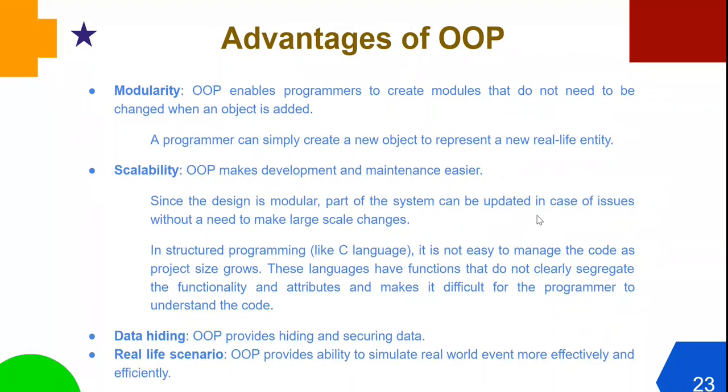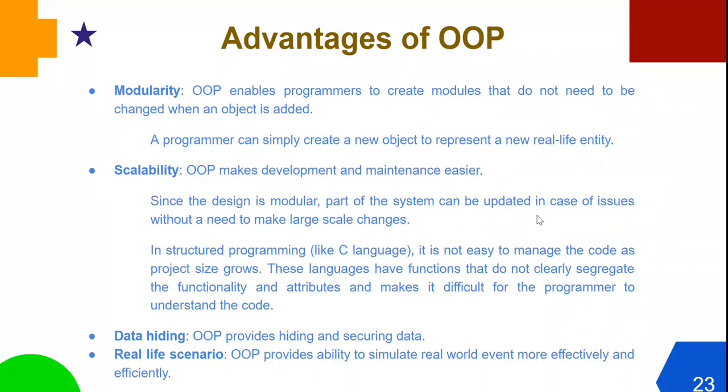Each object is a Xerox of the class template. Scalability: we can increase the number of customer details as many times as we want, because the code will be very short in length and the number of files will also decrease, as creating an object is just a one line code.